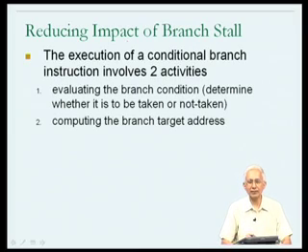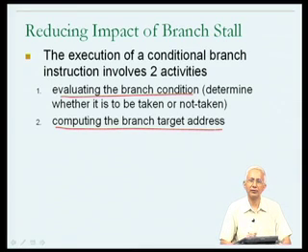Now, in analyzing what's happening in the case of the branch instruction, we realize that the problem is arising because the 2 pieces of functionality as far as the branch instruction are concerned, in other words, evaluating the branch condition and computing the branch target address, are both happening in the EX stage. If we could find a way to do it earlier, then we could reduce the impact of the branch instruction on performance.